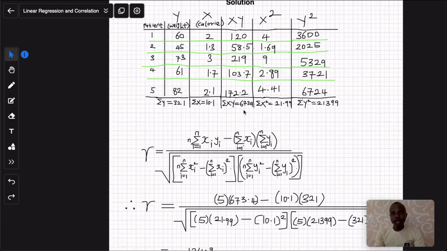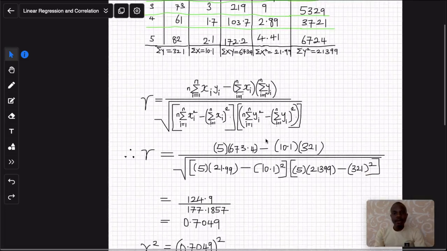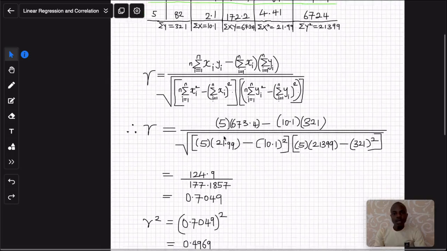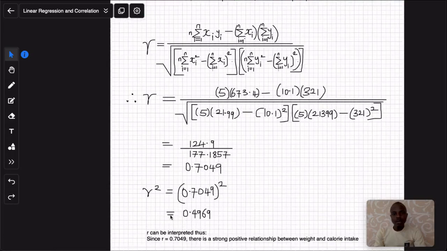Then you square your x: 2 square gives you 4, 1.3 square gives you 1.69, and like that, and you sum everything to get summation x square. You do likewise for y square. Then you substitute the values, and you get 0.7049.